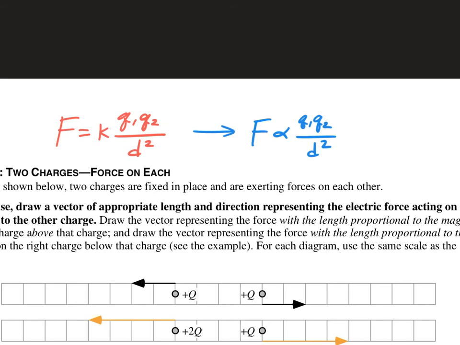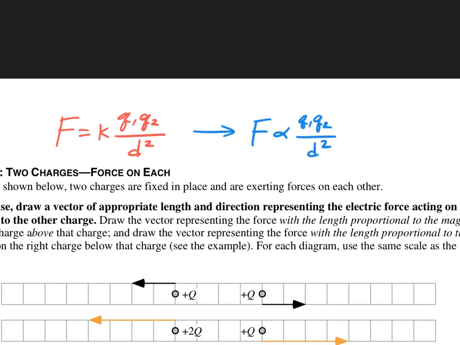So in part A, now the product of charge, instead of it being q squared, it's 2q squared. The q squared's irrelevant. We know it's going to be q squared, and we don't have a value for q. It's not important. I'm literally looking at what's the coefficient on q. Okay?